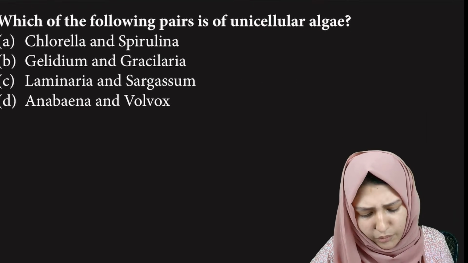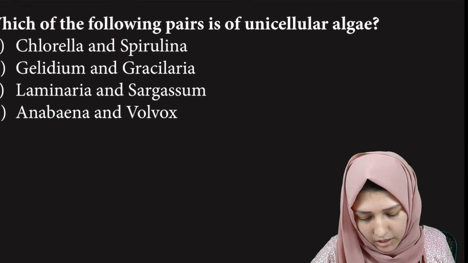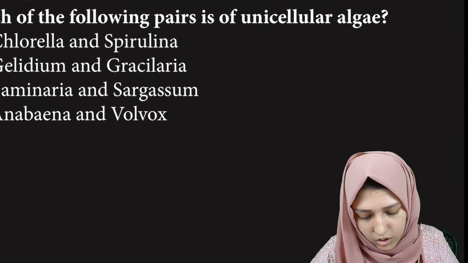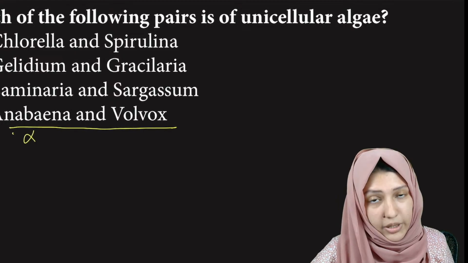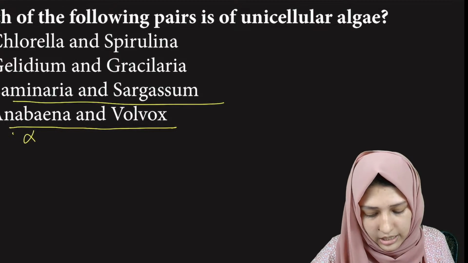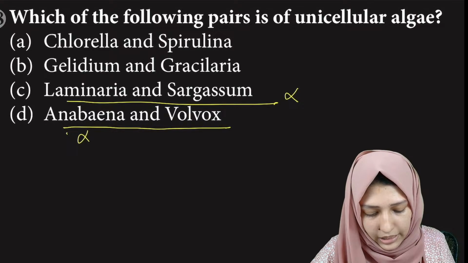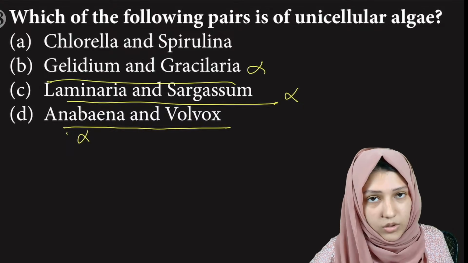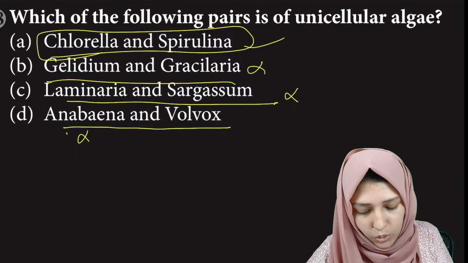Okay. Which of the following pairs is a unicellular alga? Okay. Chlorella. First of all, Anabaena is a cyanobacterium, so that is not an answer. Laminaria and Sargassum are brown algae, they are multicellular. Gelidium and Gracilaria are also red algae, also multicellular. And Chlorella and Spirulina are the unicellular algae.